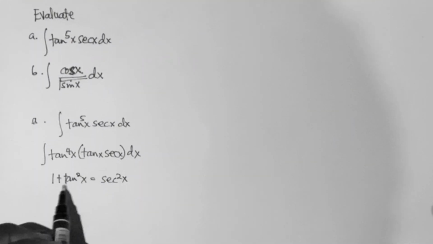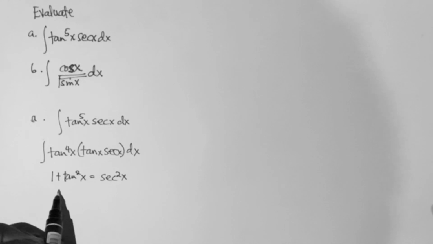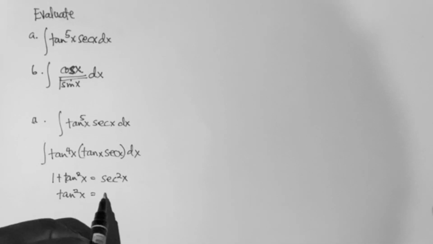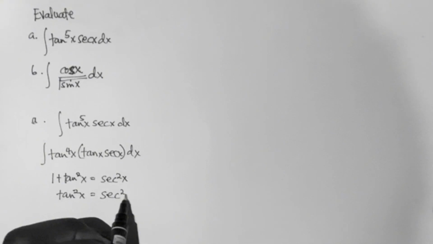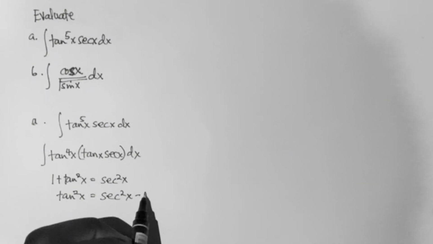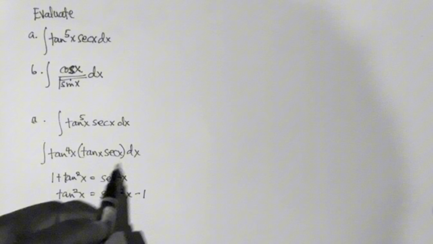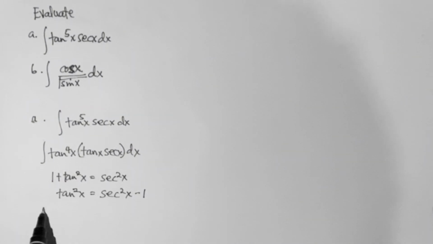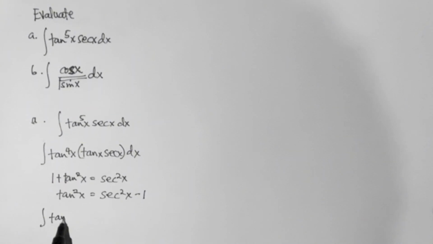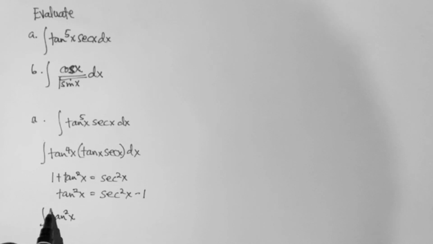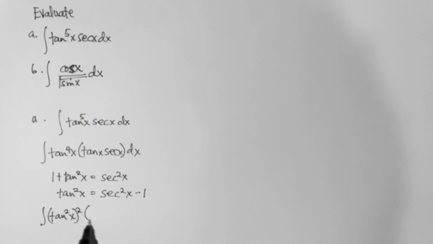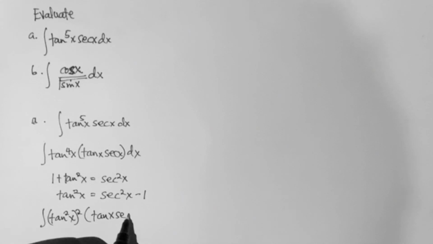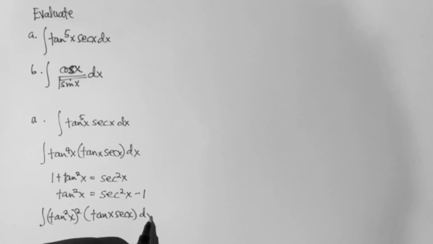So if we make tan squared x the subject, it implies that tan squared x is equal to sec squared x minus 1. So I can then write this integral as integral of tan squared x all squared, then times tan x sec x dx.